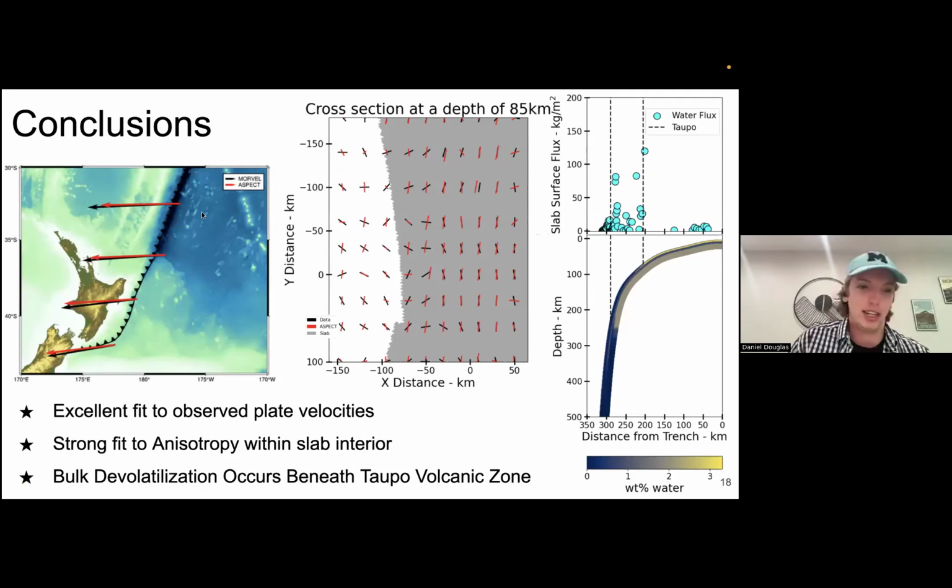Once again, we get an excellent fit to plate velocities at the surface, a strong fit to anisotropy within the interior of the slab, with hopefully a reason for why we're not seeing a strong fit in the mantle wedge of the system. And we're getting good agreement with where devolatilization should occur based on surface volcanism.